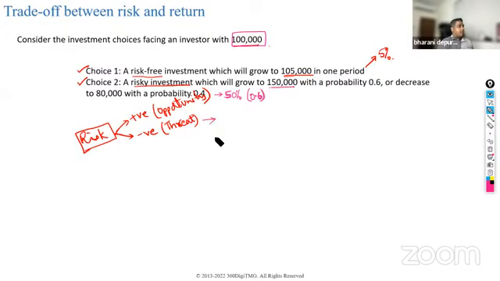Threat: your 100,000 might decrease to 80,000. You might lose 20%. And for this 20% that you're going to lose, there's a probability of 0.4. There's a 40% chance that you might lose 20% of your money.